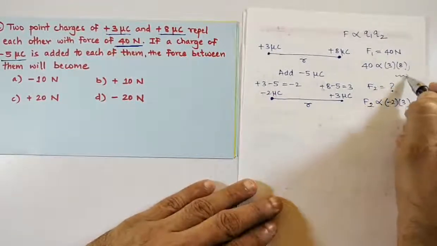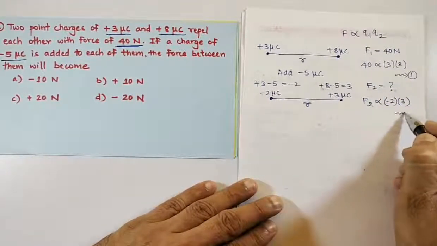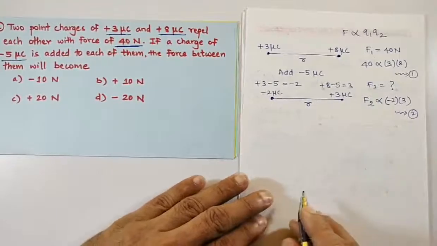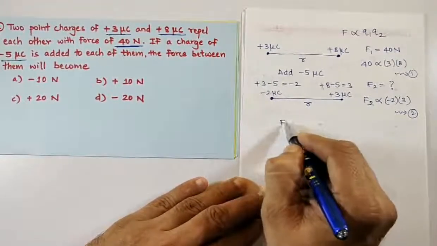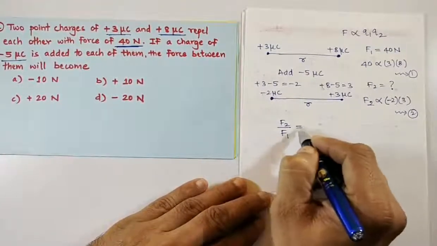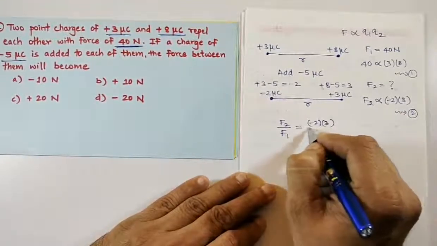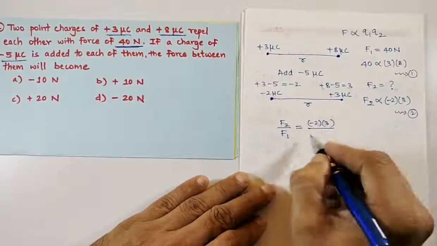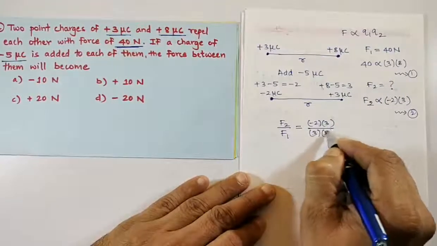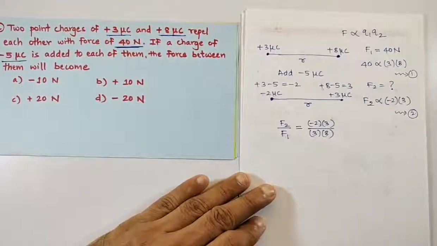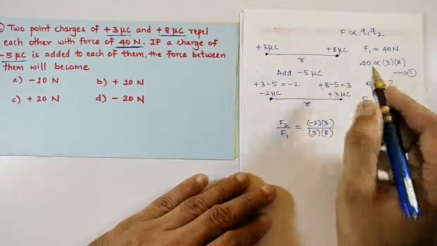Again, if you divide these two equations 1 and 2, you will have F2 by F1 is equal to minus 2 into 3 divided by 3 into 8. Now again substitute F1.